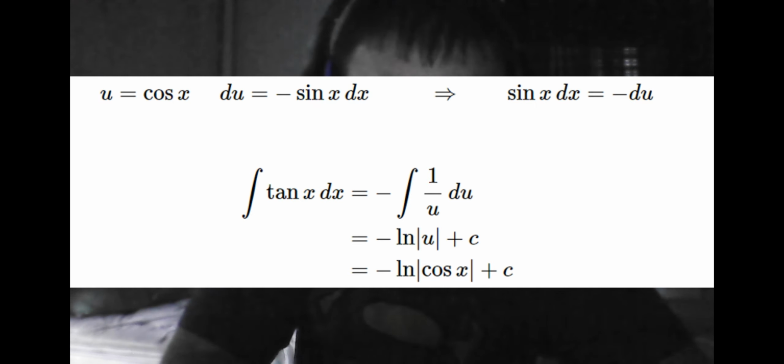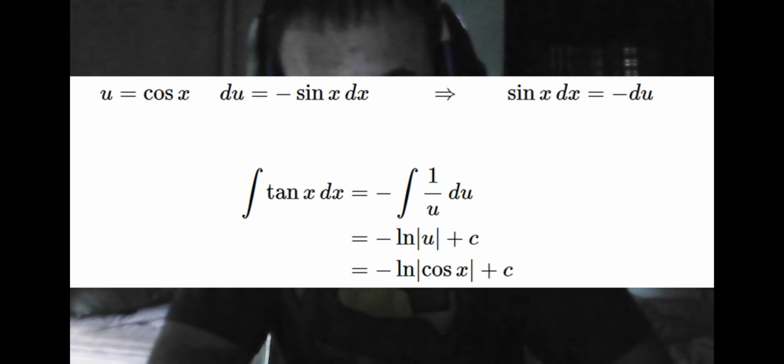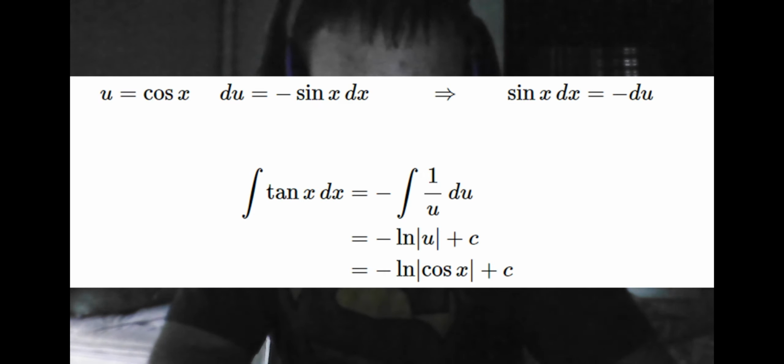We have sine of x times change in x in our definition of tangent, so we plug in negative change in u for this, and we get the integral of negative 1 over u with respect to u. This becomes negative ln of absolute value of u, and we plug back in cosine of x for u.